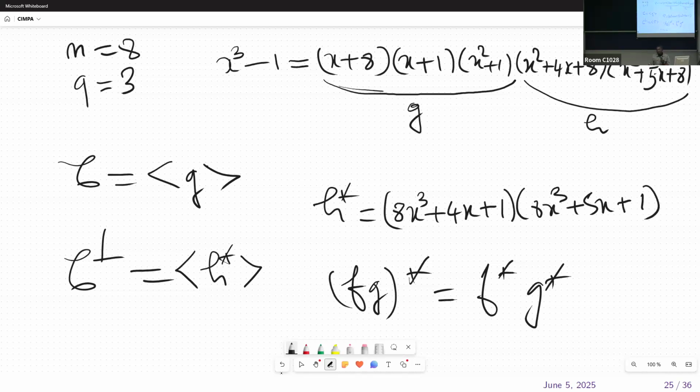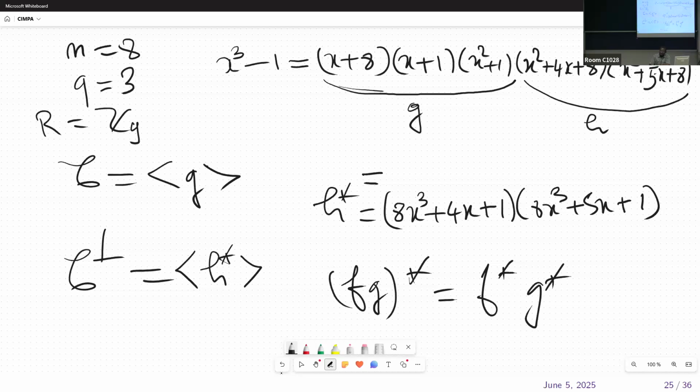We want this polynomial to be monic. R is Z9, and in Z9, 8 times 8 equals 1.